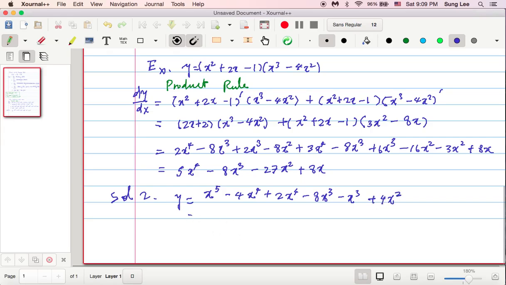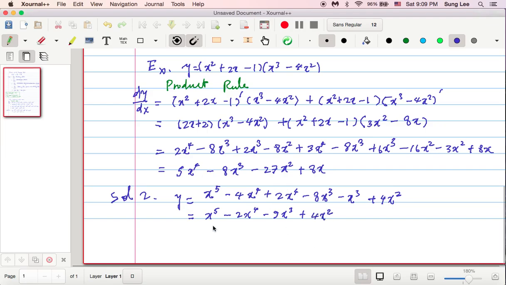Now we are going to simplify this by combining like terms, right? So x to the 5, x to the 4 terms. We have two of them, so that's negative 2 x to the power 4. And then x cubed, so I have a negative 9 x cubed. And then finally, I have a 4x squared, right?